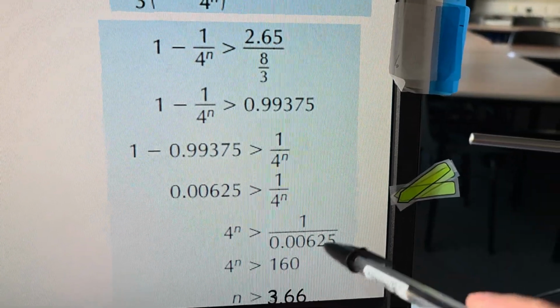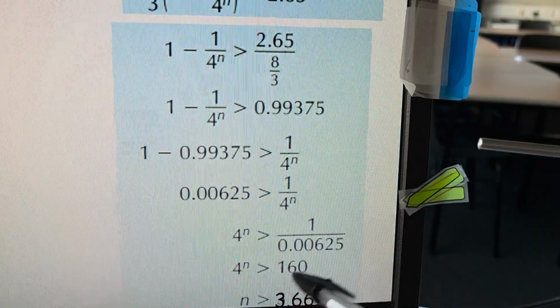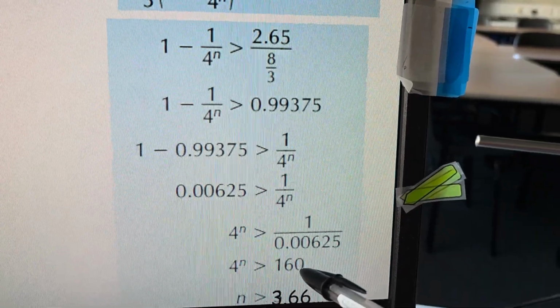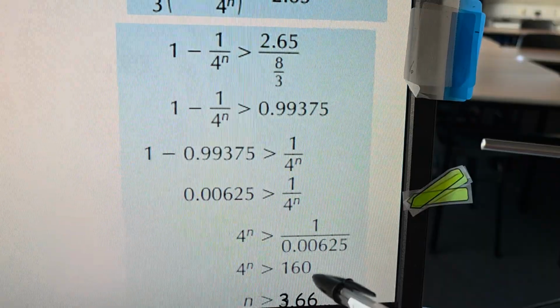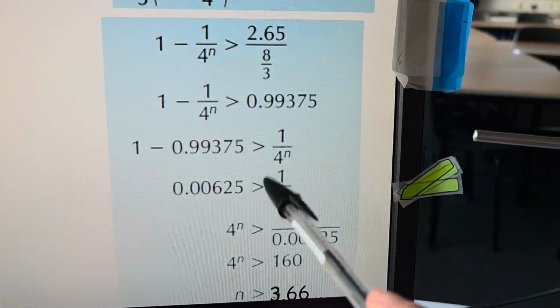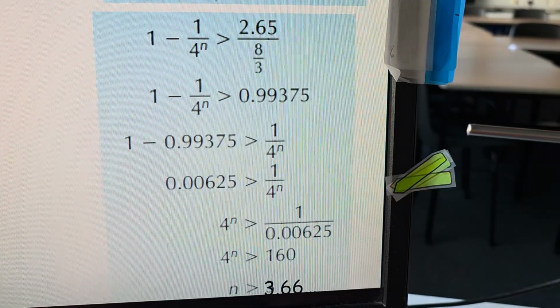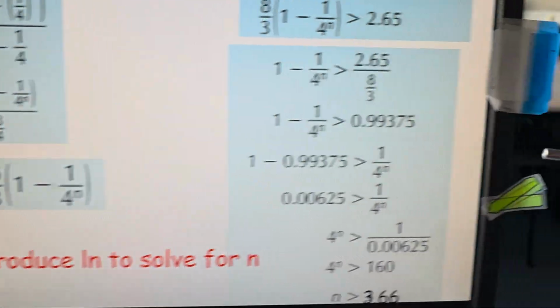Now, that 1 divided by 0.00625 works out to be 160. 4 to the power of n is greater than 160. There was no number that I could put 4 to the power of to give you back 160. So I can't use rules of indices. So then I introduce logs. Because it's an inequality, I have to introduce the natural log. Okay? So introduce ln on both sides.